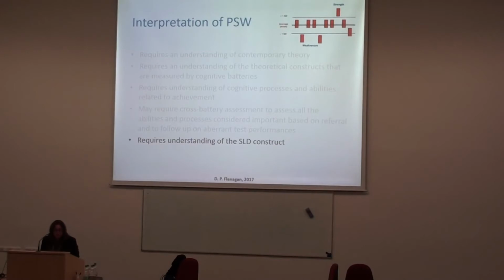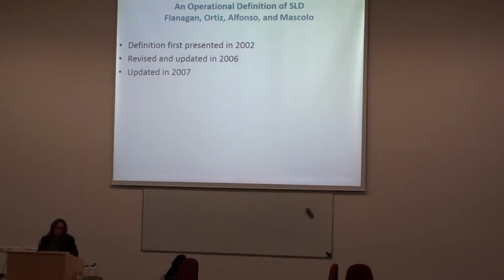And then it requires an understanding of the SLD construct, what SLD is and what it is not. We started talking about how you identify specific learning disability following a pattern of strengths and weaknesses before our federal regulations even came up with it as an alternative methodology.